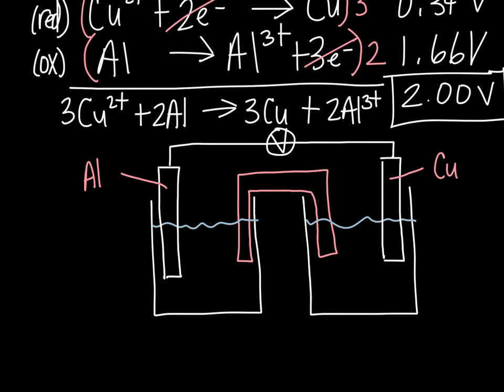Now, these electrodes have to be in their own solution. The ions are the things that are going in solution. So over here, if this is aluminum, then this has to be inside an aluminum solution. So Al, and the Al we are using has a +3 charge. It could be any aluminum solution: aluminum nitrate, aluminum sulfate, any type.